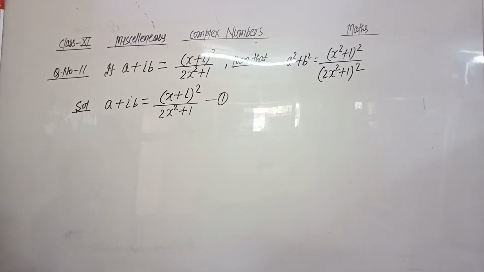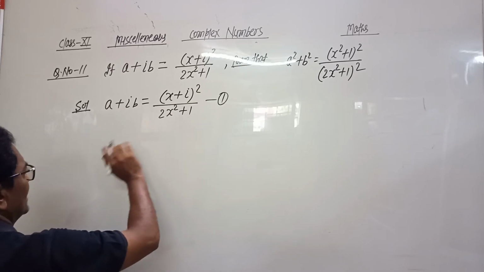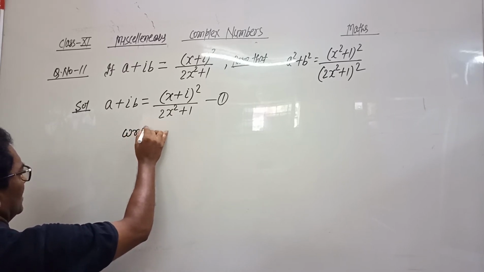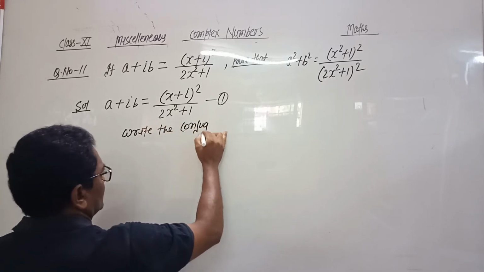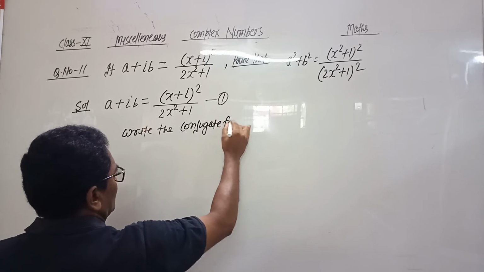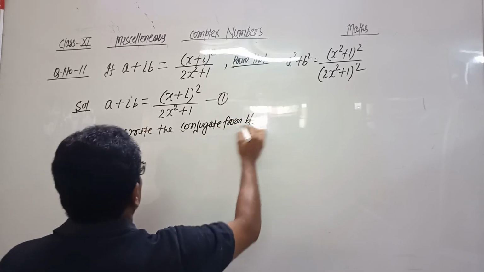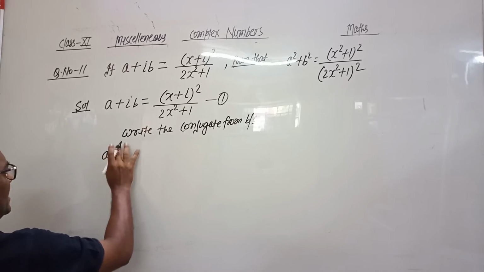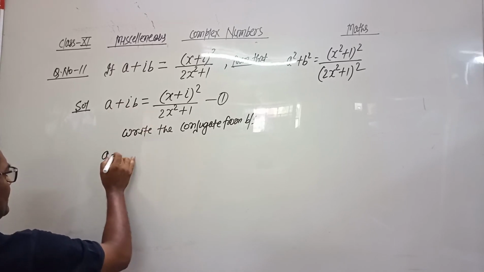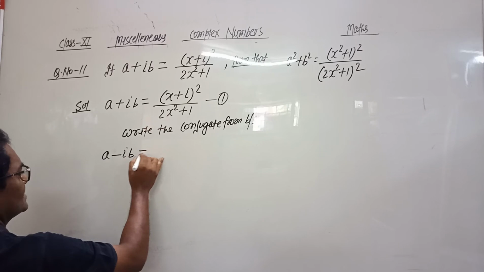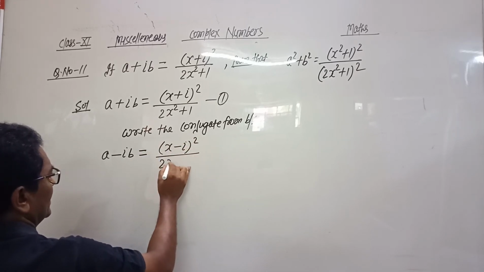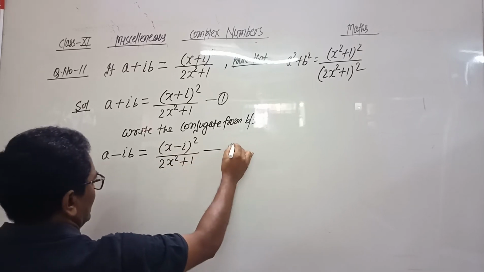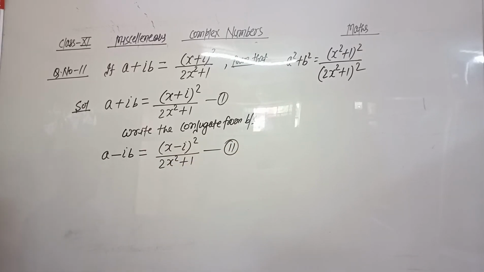Name it first equation and write down the conjugate of both sides. The conjugate of a plus iota b is a minus iota b, and (x minus iota) the whole square upon 2x square plus 1. This is the second equation.